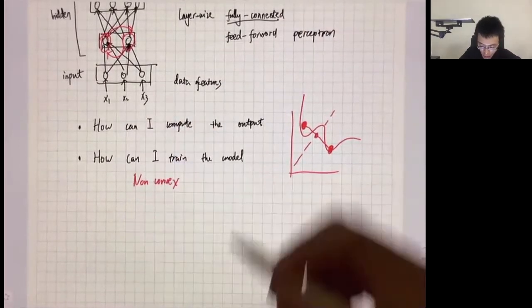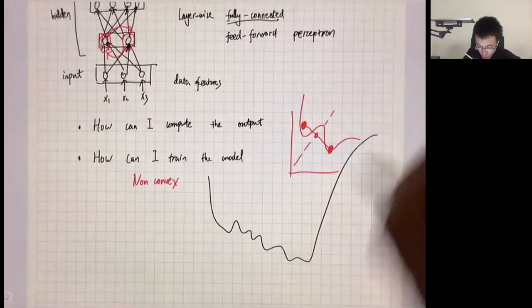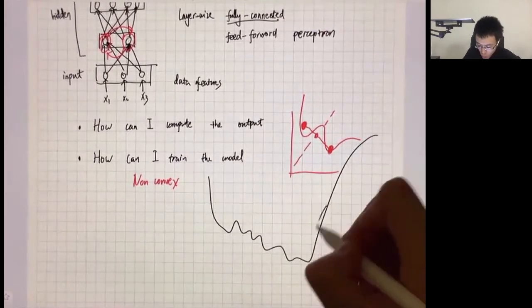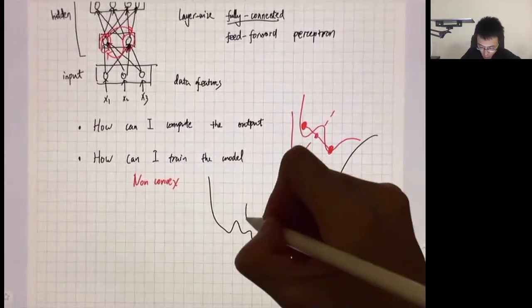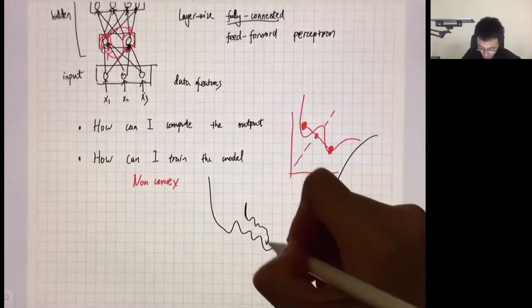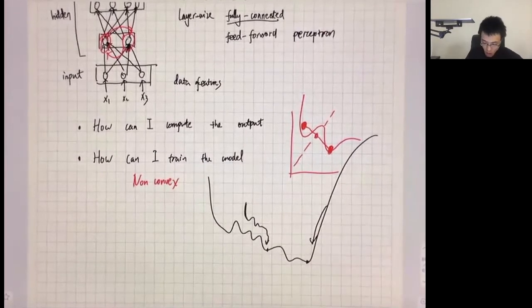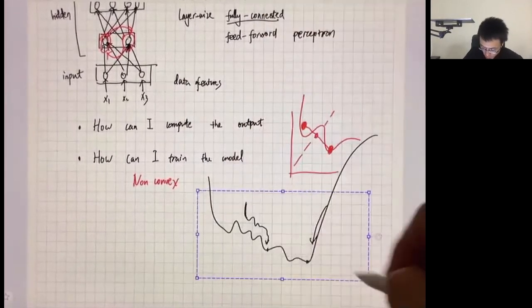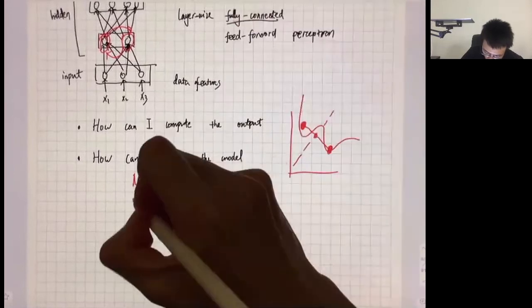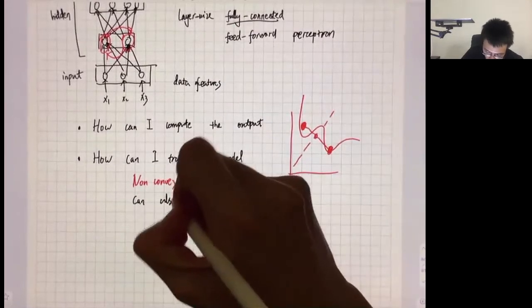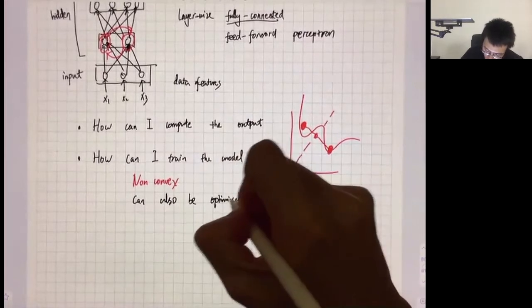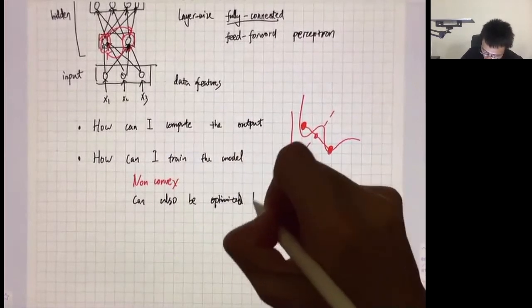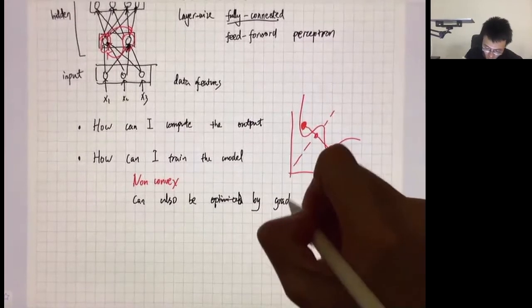But non-convex optimization can also be optimized by gradient-based approach. But in this case, it may not go to the global optimum. Sometimes, if you start from here, you may start at some local optimum. Okay, so it can also be optimized by gradient-based approach.